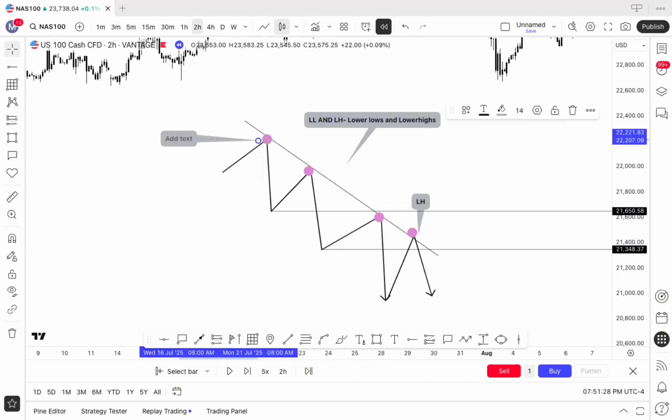Okay, I need to write that down. This is so important. Oh my gosh, you have no idea. When price is respecting previous highs, that is price creating lower highs in a bearish market.